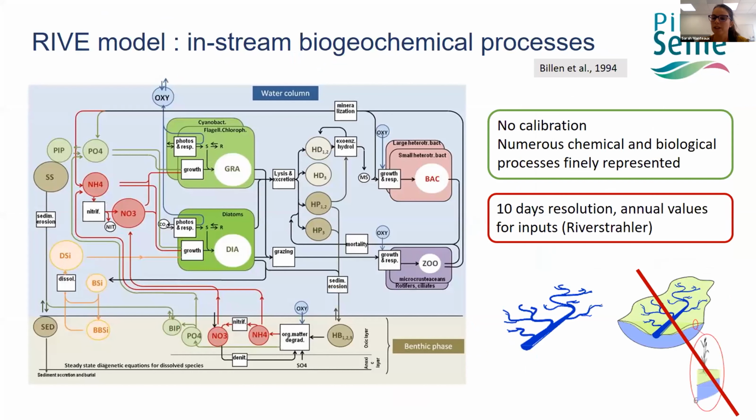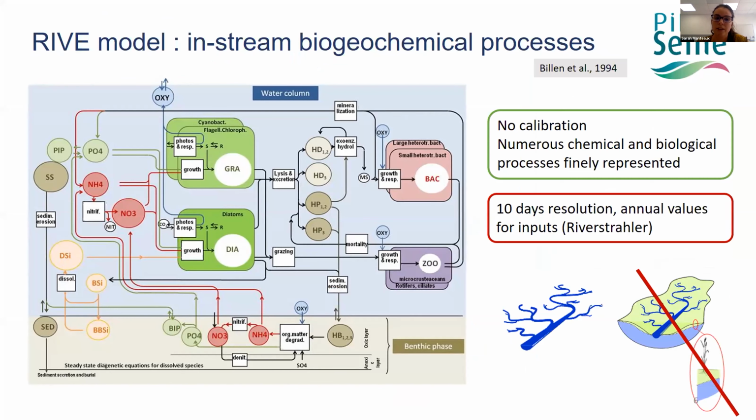We thought about incorporating the RIVE model in SWAT, which is an ecological model that, on the contrary, has numerous chemical and biogeochemical processes and variables, representing, for example, 3 classes of phytoplankton, but also zooplankton, bacteria, and organic carbon.